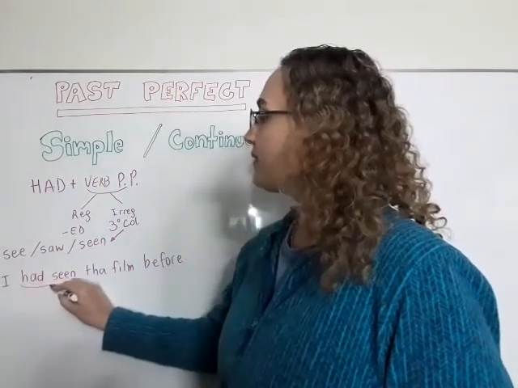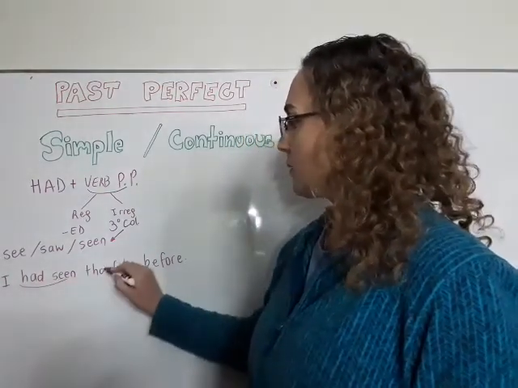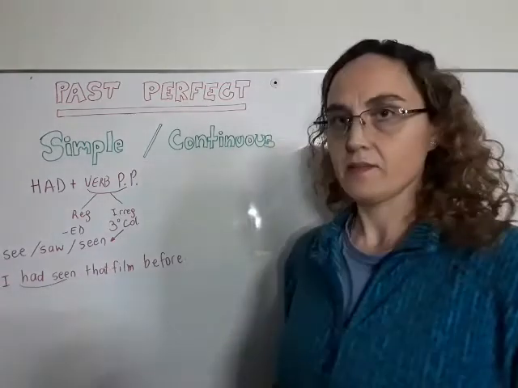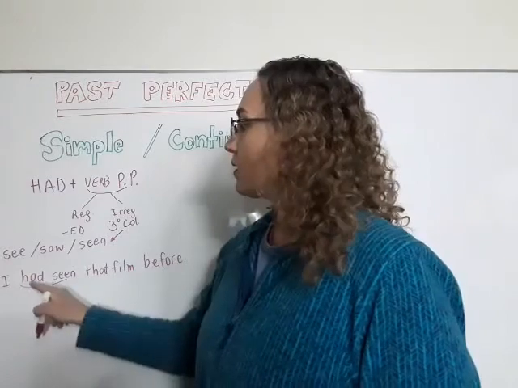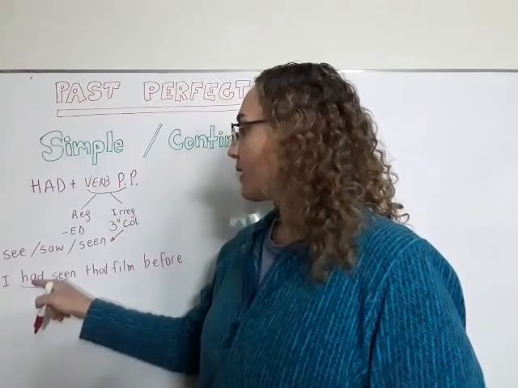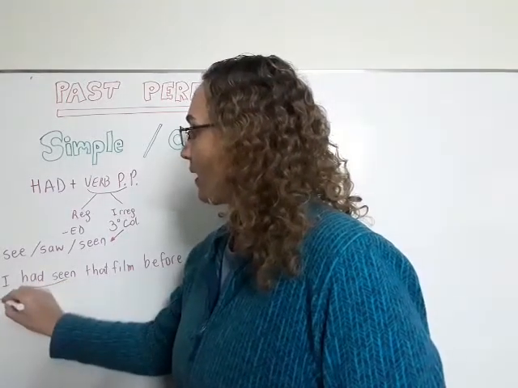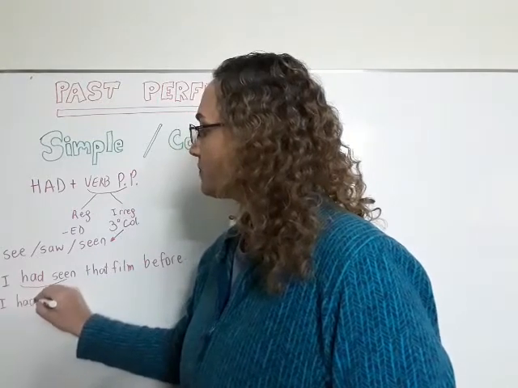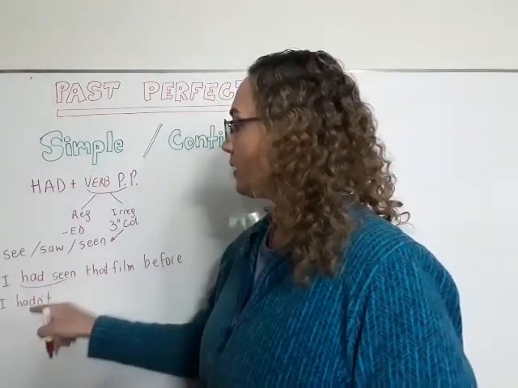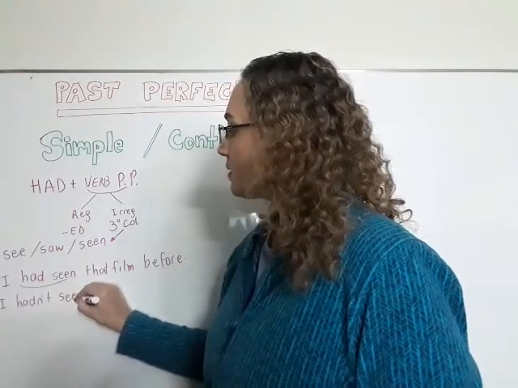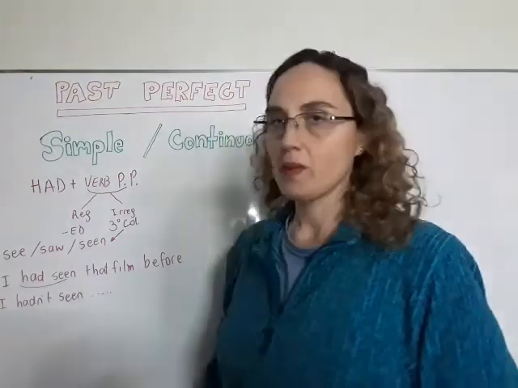Yo había visto esa película antes. That is the idea. How do we form the negative? Making the negative of the auxiliary verb. I hadn't, and the verb always in past participle. I hadn't seen that film before.